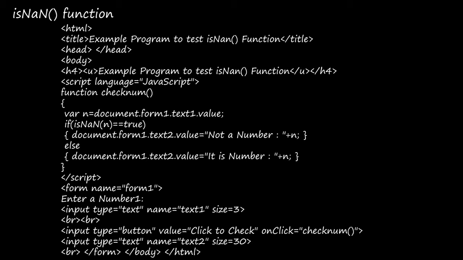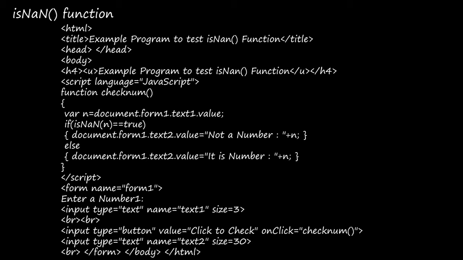And after that, if isNaN of n is equal to true, that means if this value is true, what will happen? document dot form1 dot text2 dot value is equal to "not a number". That much will be displayed as such, because that is given inside double quotes, right? And then the value of n will be displayed here.